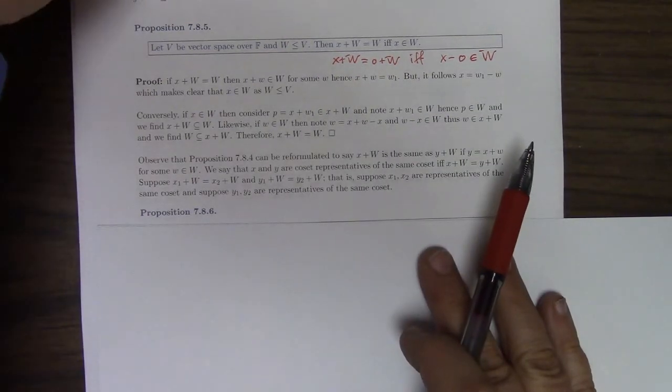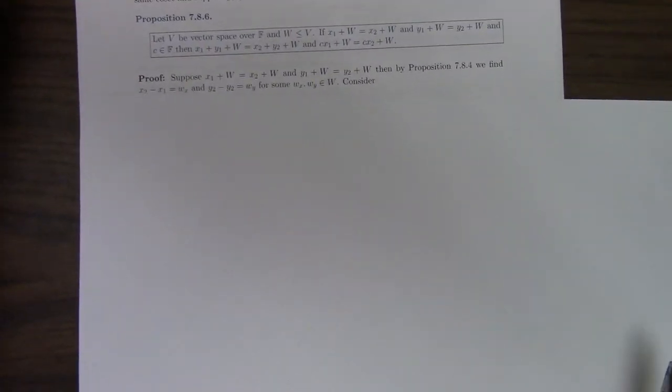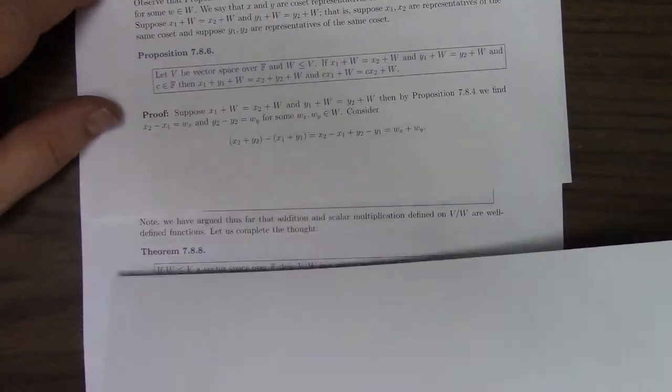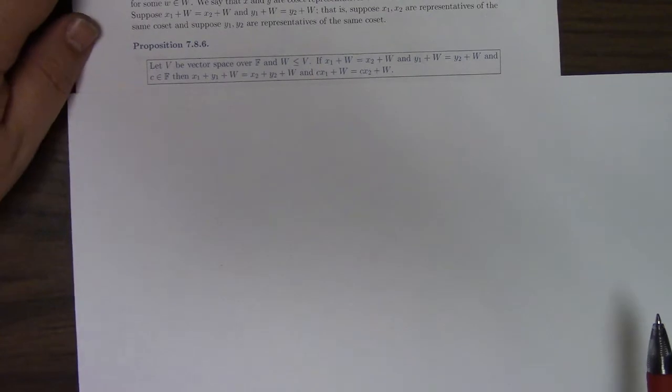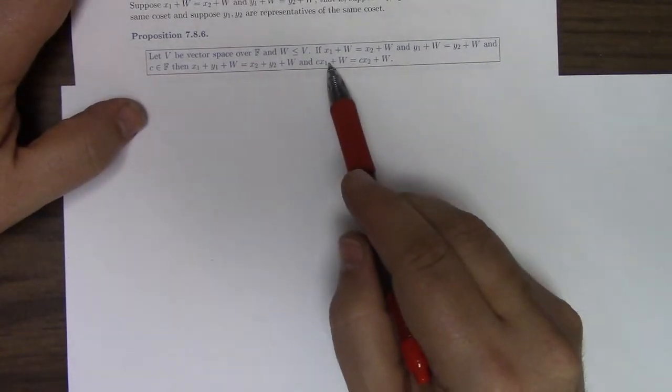So anyway, the long story short here is that this construction of coset allows us to define, if we have two cosets, right?